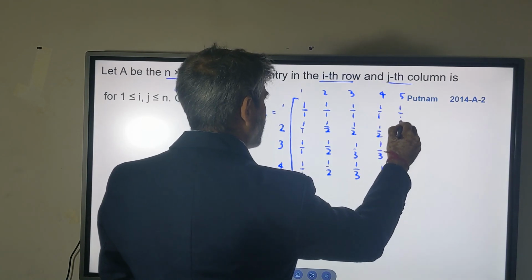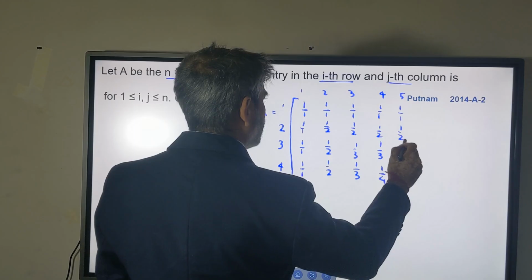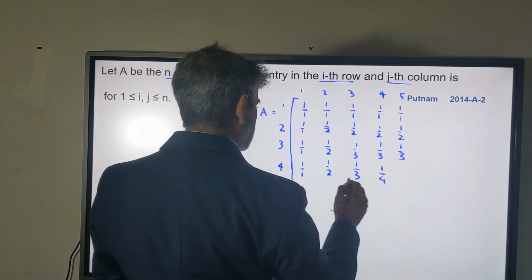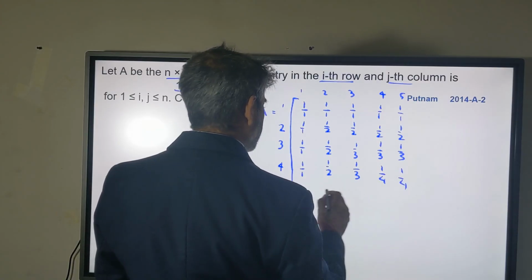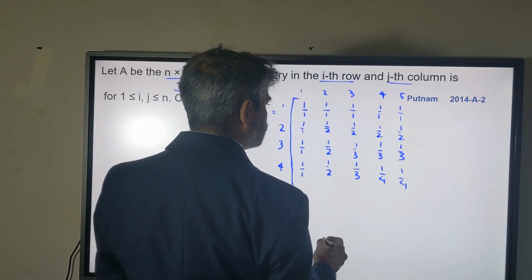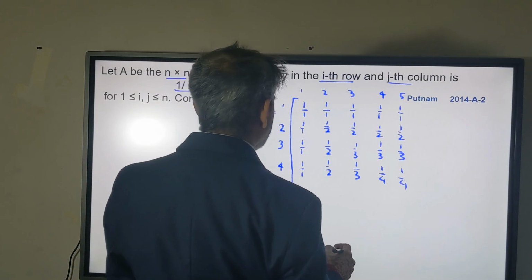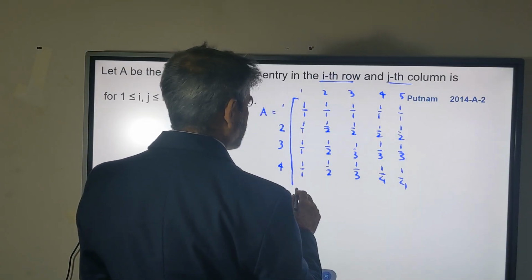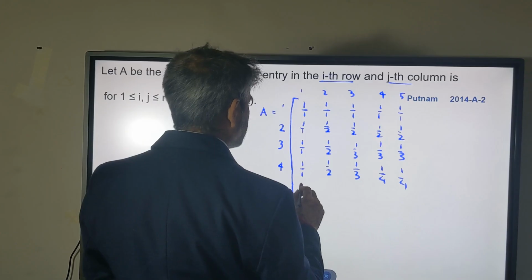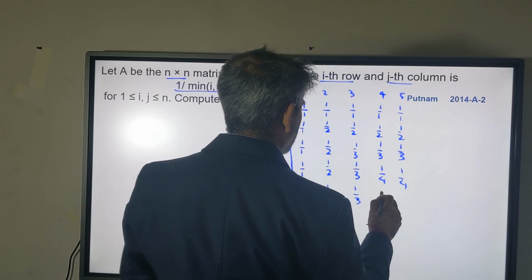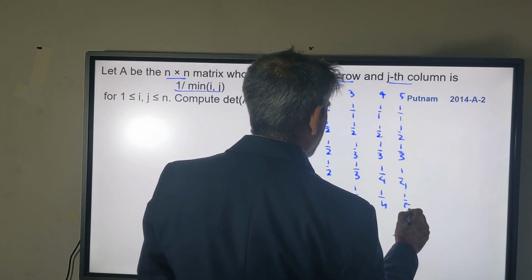This is again 1 by 1, 5 and 2, 1 by 2, and 5 and 3, 1 by 3. And then this is 1 by 4, and between fifth and fourth. So now this one is the fifth row: 1 by 1, 1 by 2, 1 by 3, 1 by 4, and 1 by 5.